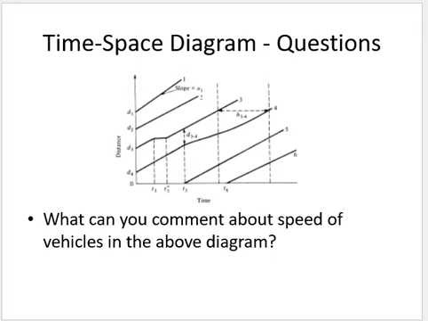For other vehicles, the speed is constant. And the reason for the time not starting from 0 could be that they are measuring 0 from their own reference. So 0 doesn't mean the 0 of the trip. 0 could mean 10 o'clock. These vehicles started at 10 o'clock, but maybe this one started at 10:05 or something like this.